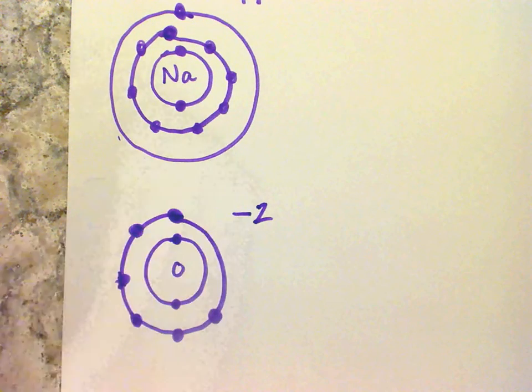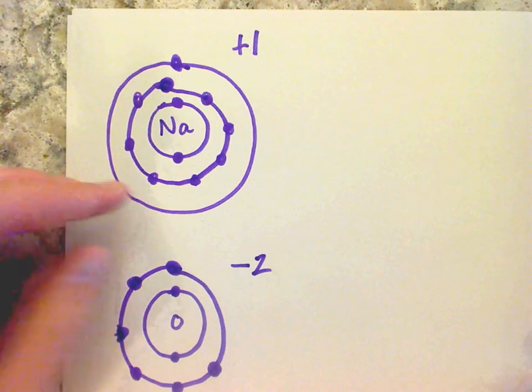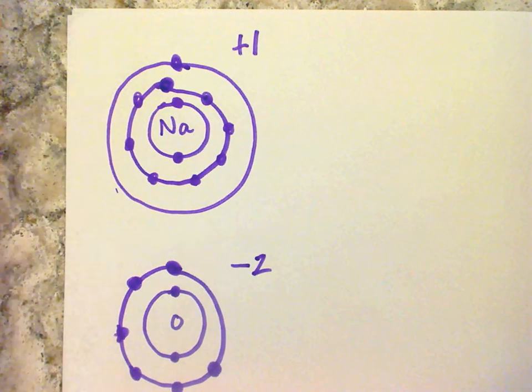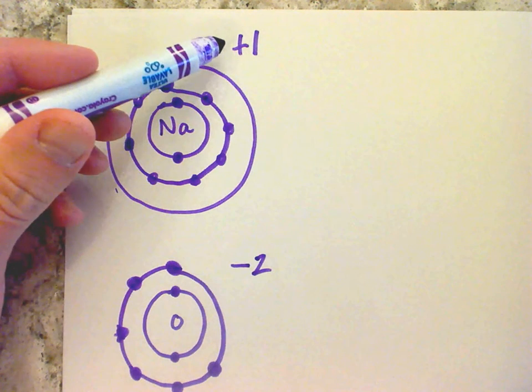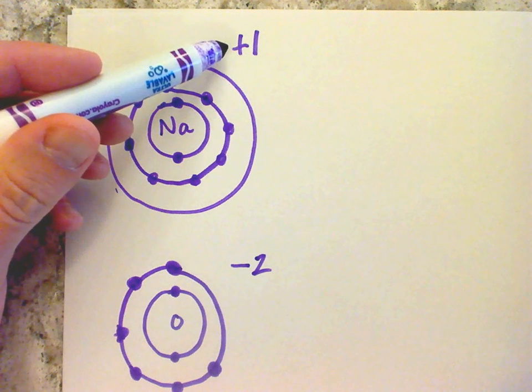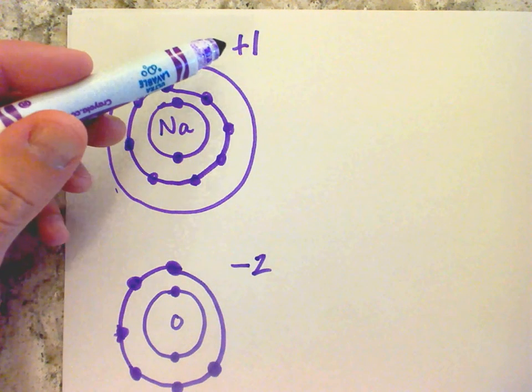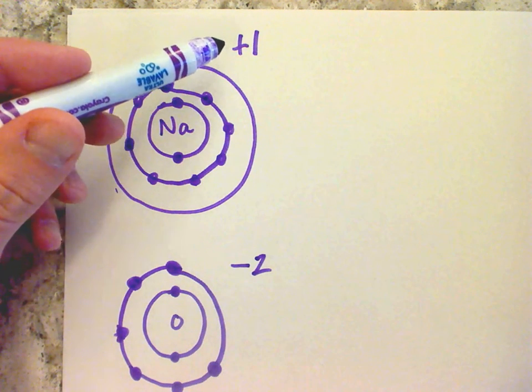So if these are going to form an ionic bond, and they can, they're oppositely charged, they can come together. But what we have to do is basically get these charges to balance out. If you look up here, each atom of sodium has a +1 charge. Each atom of oxygen has a -2 charge.